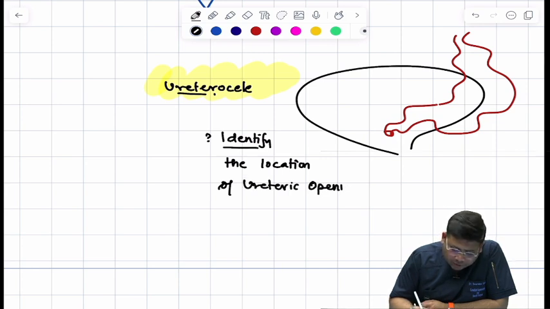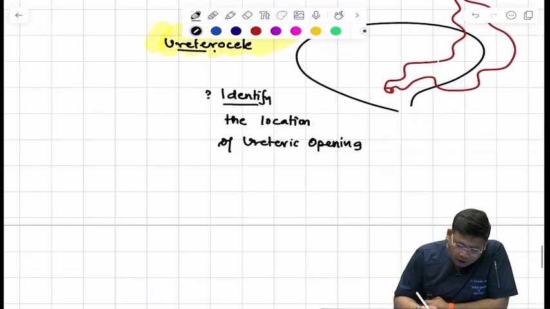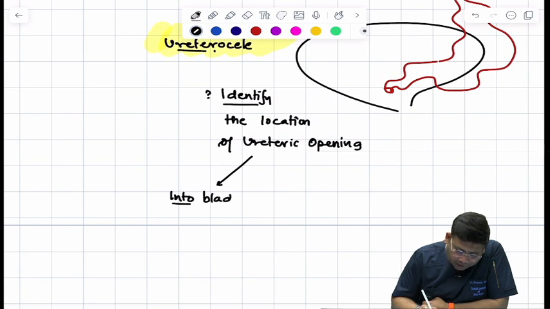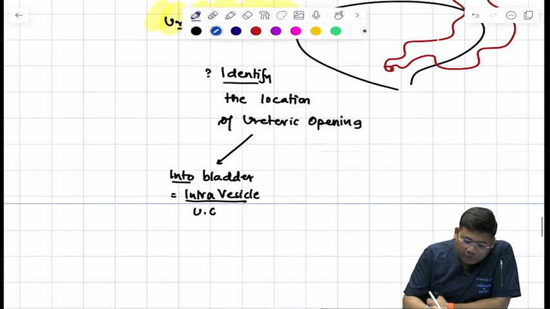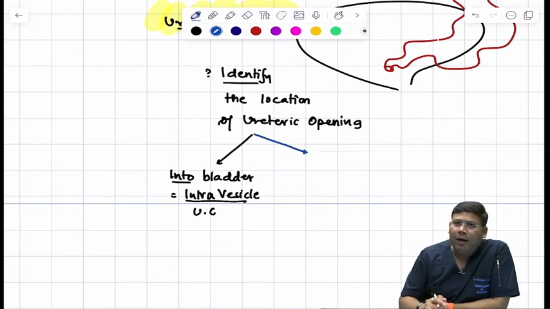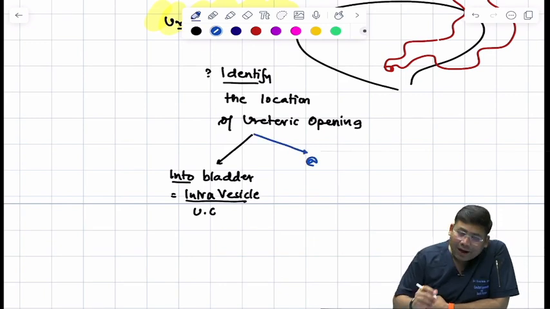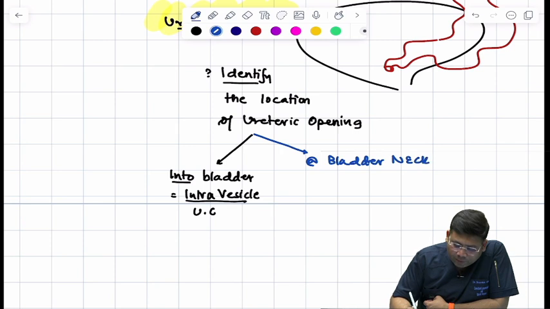Now let us try to understand. If it is into the bladder, then that is known as intravesical ureterocele. Now, if it is not located at the bladder, it is located at the level of bladder neck, then that is known as sphincteric. This is what is interesting, sphincteric.